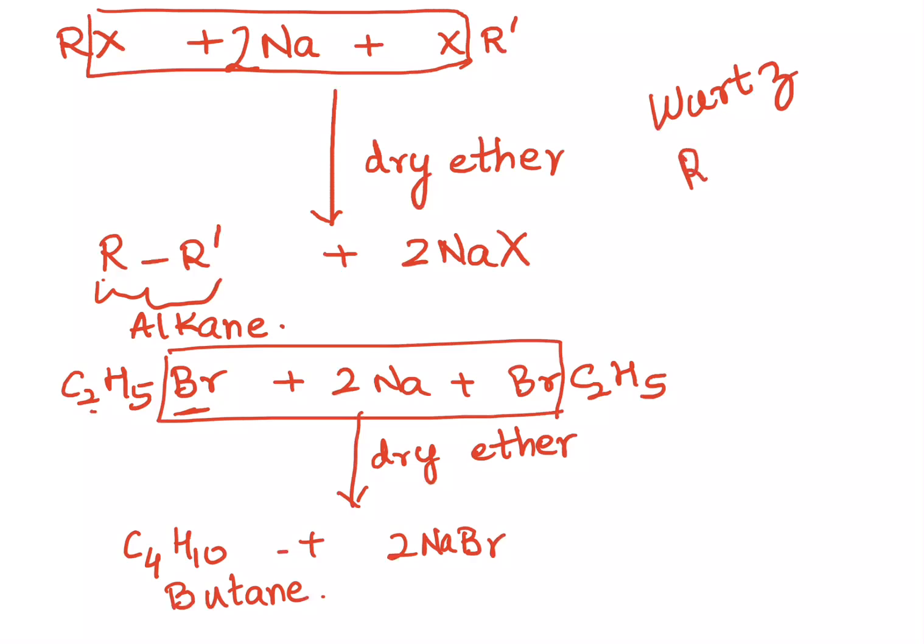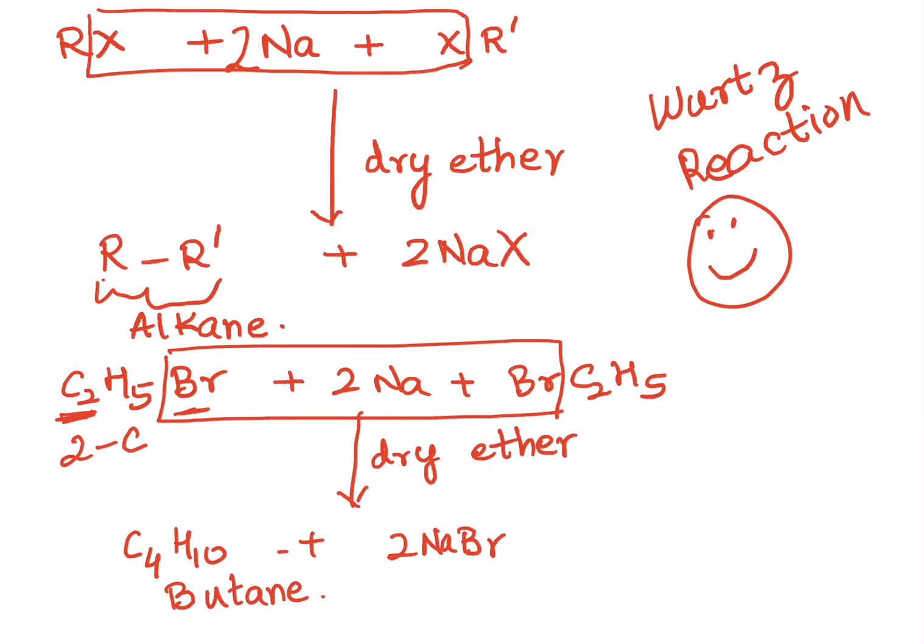It is known as the Wurtz reaction, a very important reaction in organic chemistry. Why is it so important? So we started with an alkyl halide which had 2 carbon atoms. We ended up with an alkane which has double the number of carbon atoms. That means we end up with 4 carbon atoms.